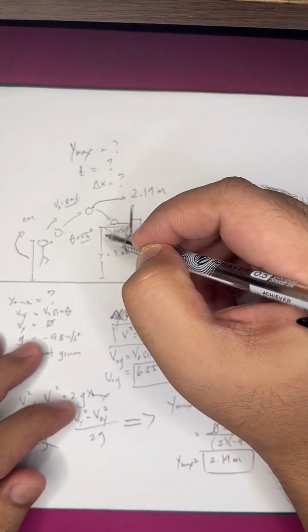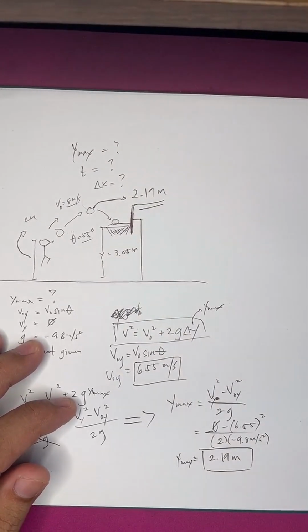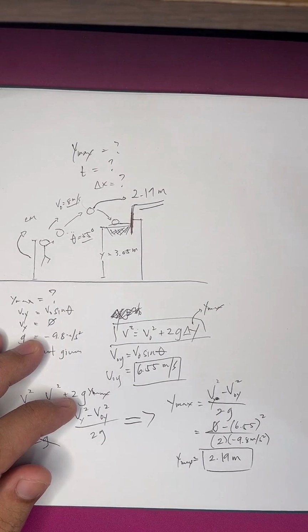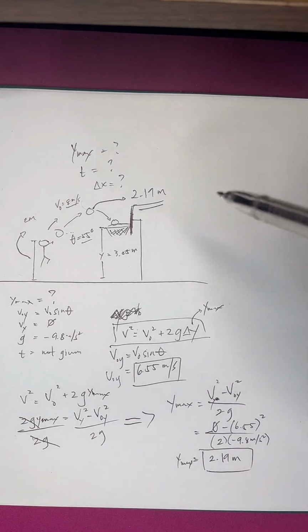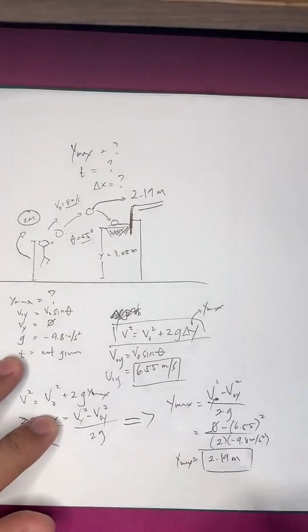It is the height from the release point, up to the time it reaches that peak height. But we are not considering how high the player jumped. So to truly get the maximum height, we must add the height from the release point to the peak height and the extra 2 meters that the player jumped.